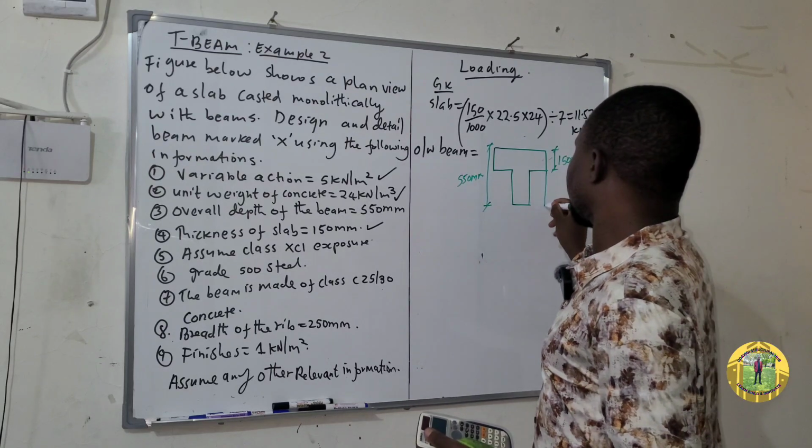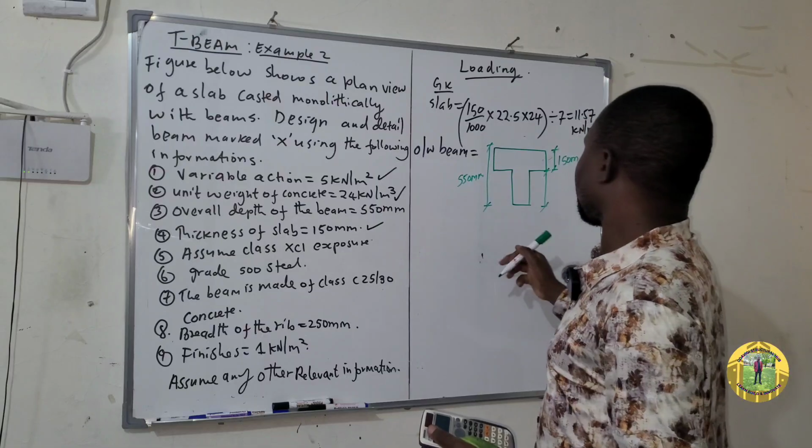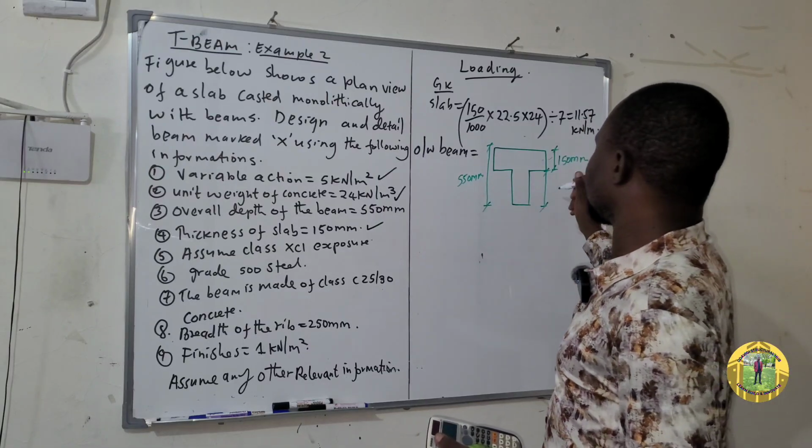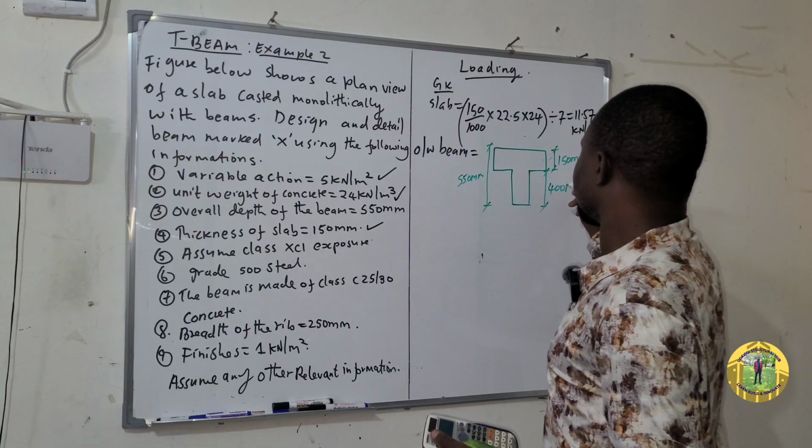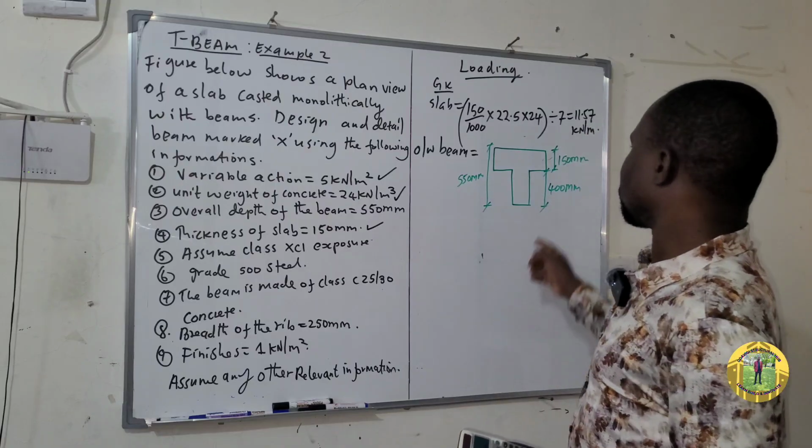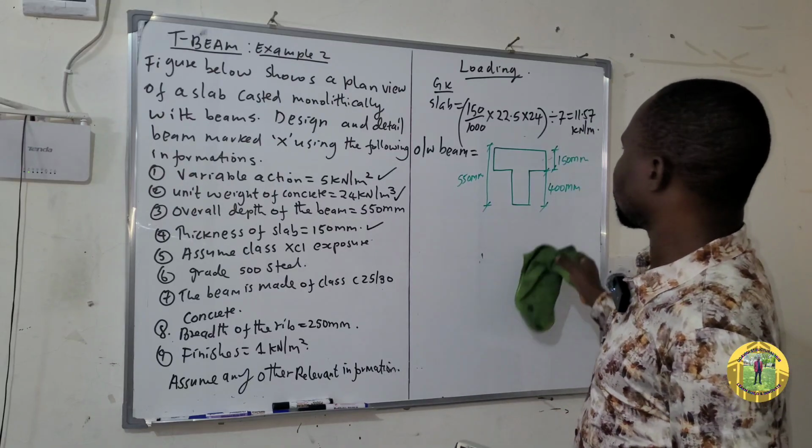Then the depth of the rib will be 550 minus 150, which is 400 millimeter. So we'll use this 400 to calculate the own weight of the beam.